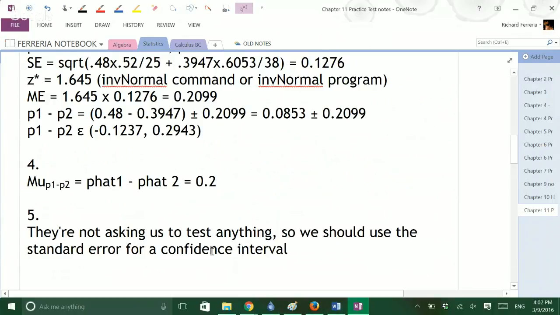Okay, so that's going to be equal to sigma of P1 minus P2.